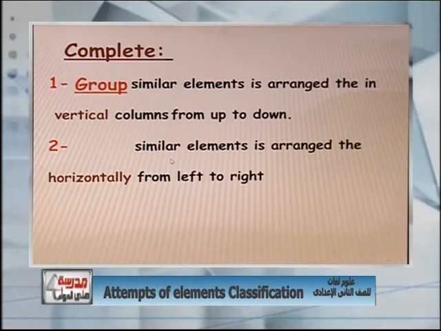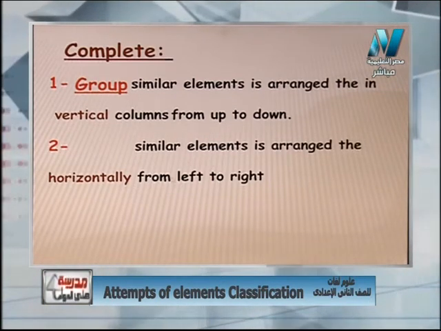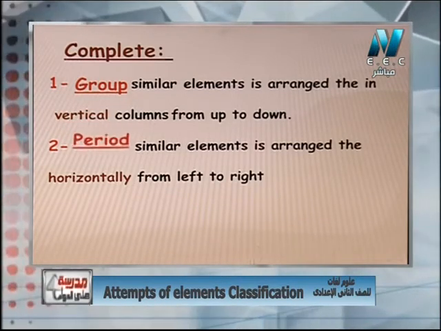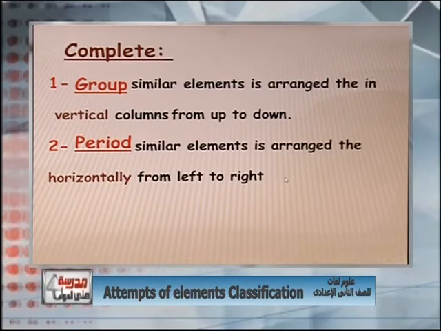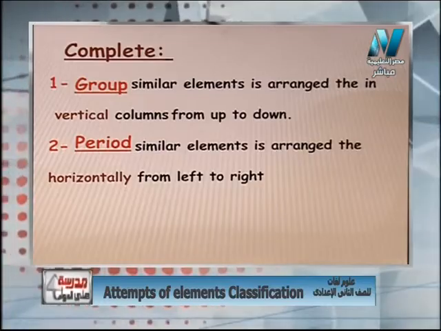Next, similar elements are arranged horizontally from left to right. And this we call period. So the group is the elements arranged from up to down, and the period is the elements arranged from left to right.